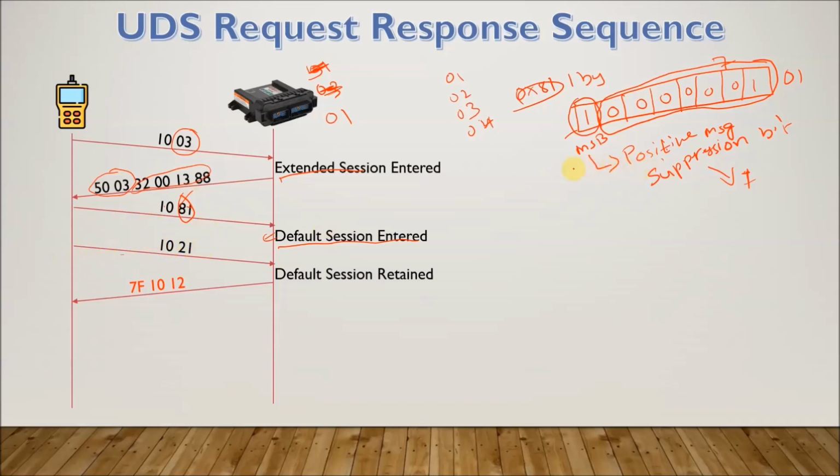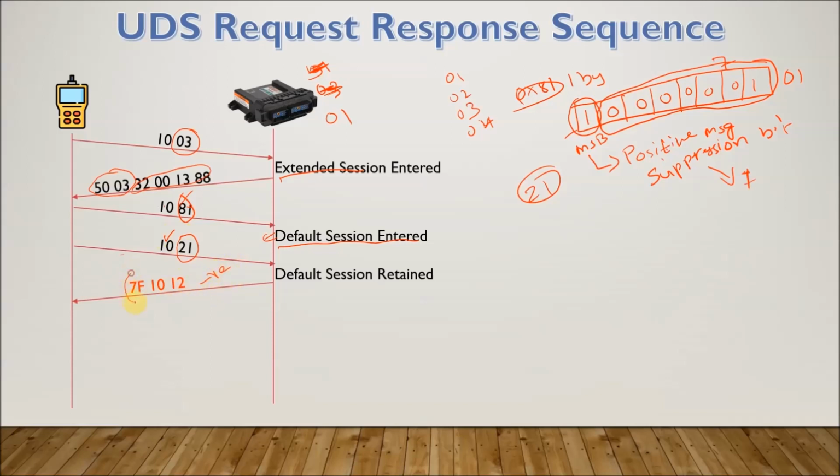Now it will send 1021. Let's say that the subfunction 21 is not configured, right? So 10, it is requesting a diagnostic session control, diagnostic session change, but it is requesting a diagnostic session which is not configured. Then what happens? It will send a negative response.